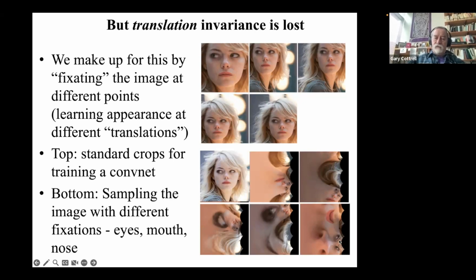And so we make up for losing translation invariance by training the network on images at different fixation points on the image. And so it has to learn that these 5 inputs all represent the same person, which should be, I would think, a much harder job actually than knowing that these are the same person.